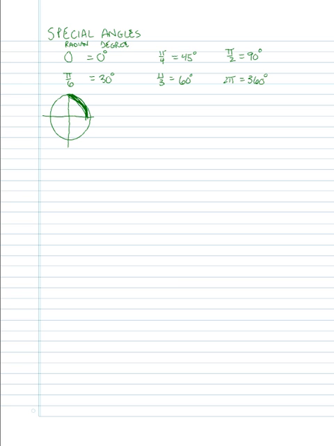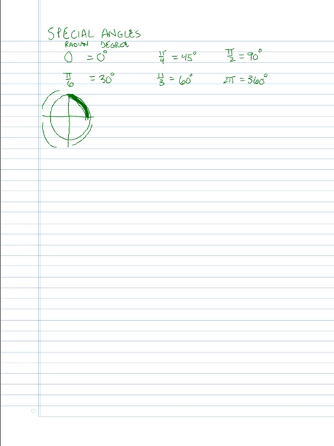Now, because we're thinking of circles here, and the circle is symmetric across the x-axis and across the y-axis, if we can learn about the angles that are in the first quadrant, we can extend that later on to learn about angles that are in the fourth quadrant, or the second quadrant, or the third quadrant.